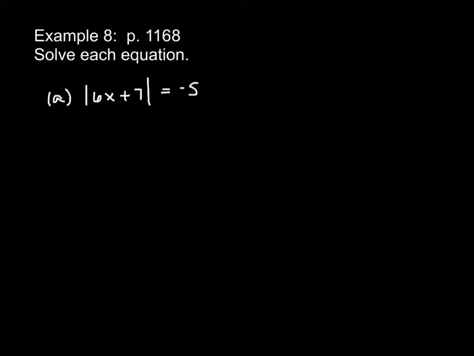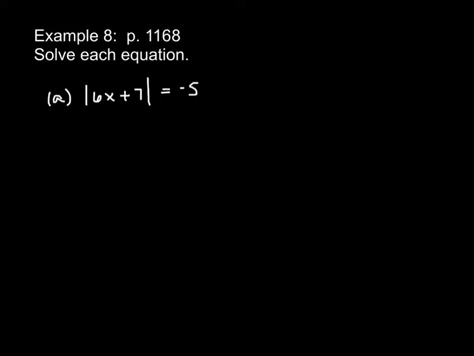Example 8 on page 1168 says solve each equation. So A is the absolute value of 6x plus 7 equals negative 5. Going back to the definition, remember we said the absolute value of a number is the distance from 0, and it's always positive.